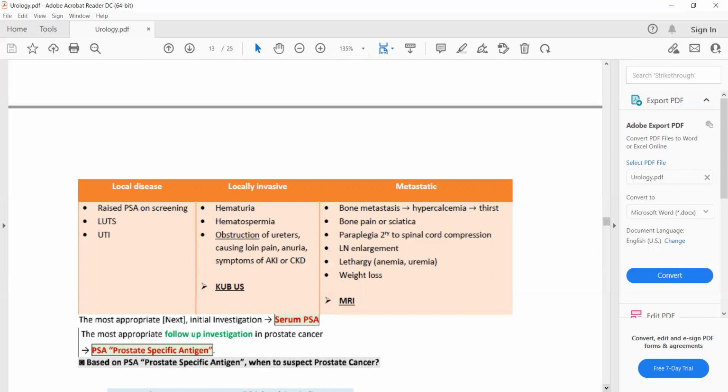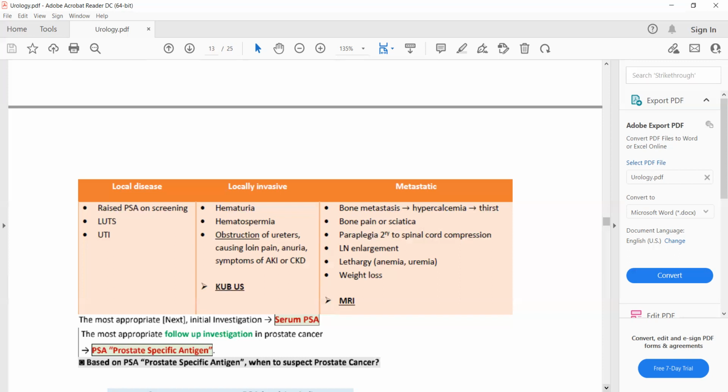Locally invasive means it will invade local structures such as the urethra and urinary bladder, so it will present with hematuria, hematospermia, and obstruction of the ureter can cause loin pain, anuria, or symptoms of AKI or CKD.